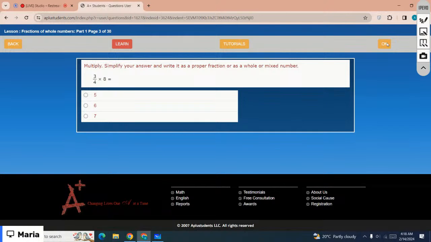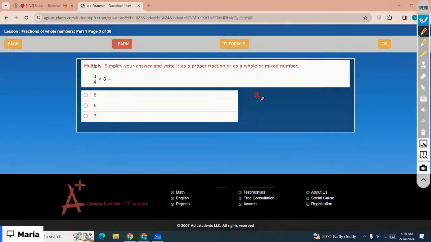Okay, multiply. So 8 is a whole number. 3 by 4 is a fraction, right? 8 doesn't have any denominator, that means it is 1, right?